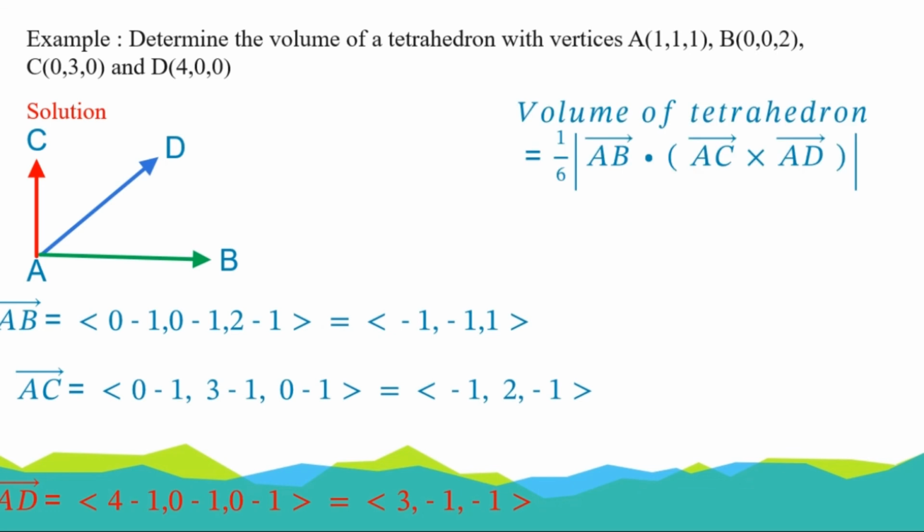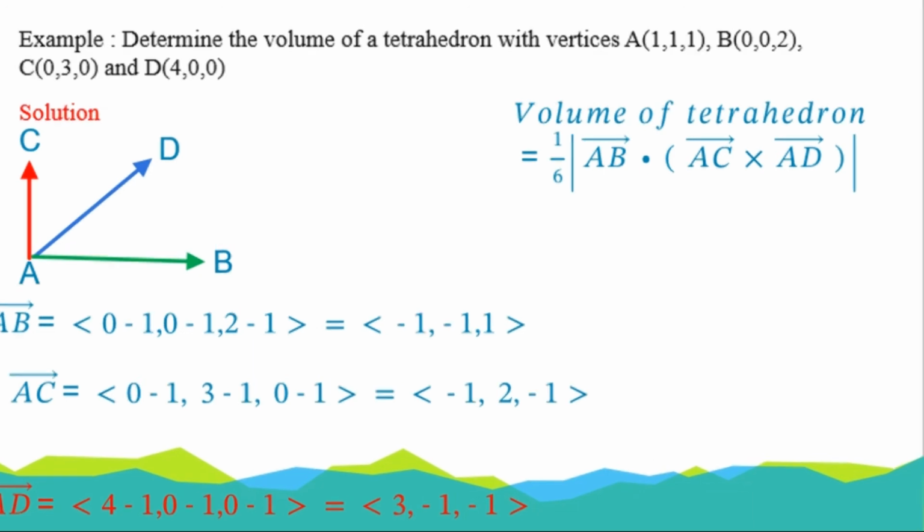Now we shall substitute these components in the formula for the volume of the tetrahedron, which is 1 over 6 times the triple scalar product of these vectors, that is AB dot AC cross AD.